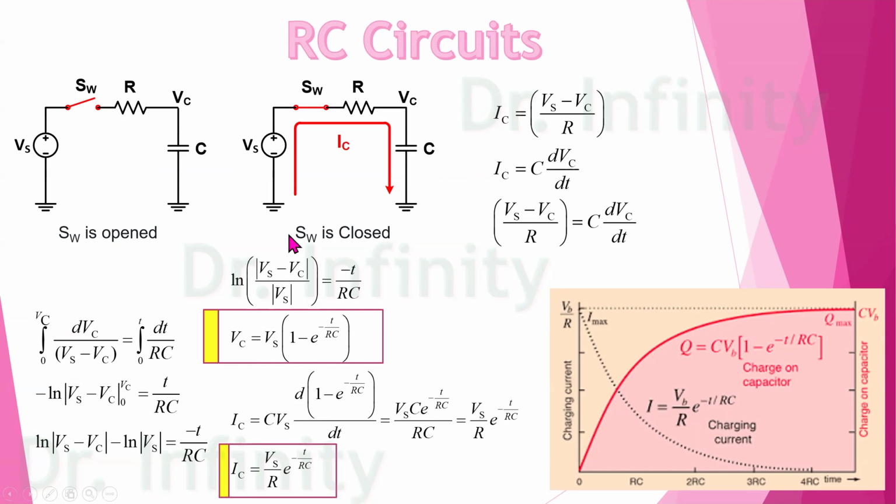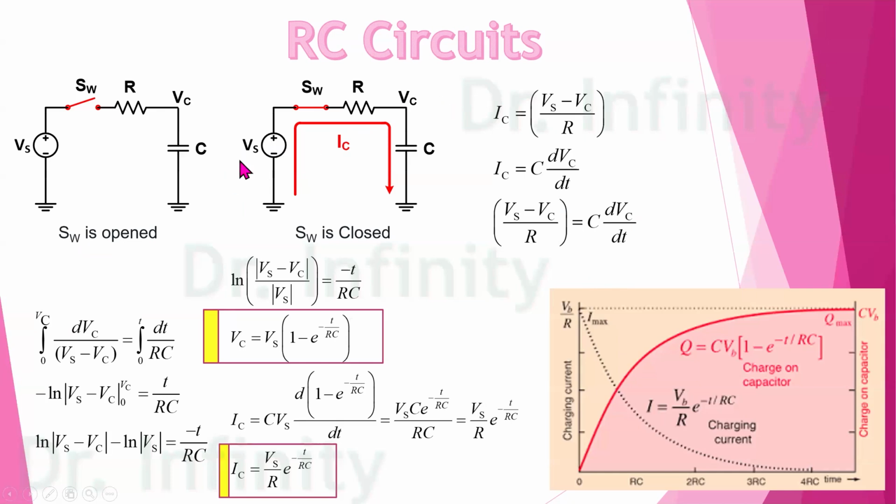When it comes to this figure, now we have closed the switch, which means there is a current called IC that can flow through the R and C, and finally end up at the ground. By using this configuration, we can express some equations. First, IC. How did I get that? First, I need the voltage difference.